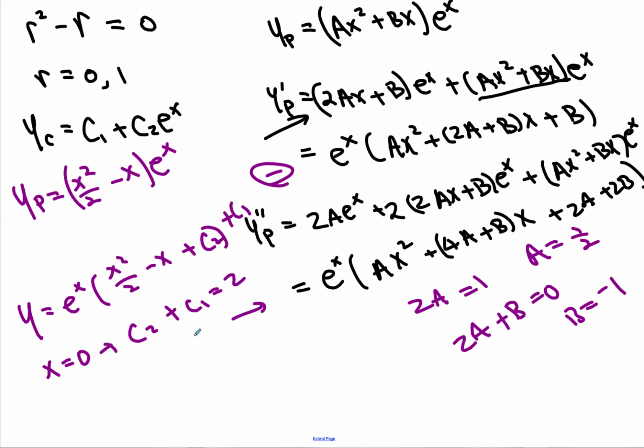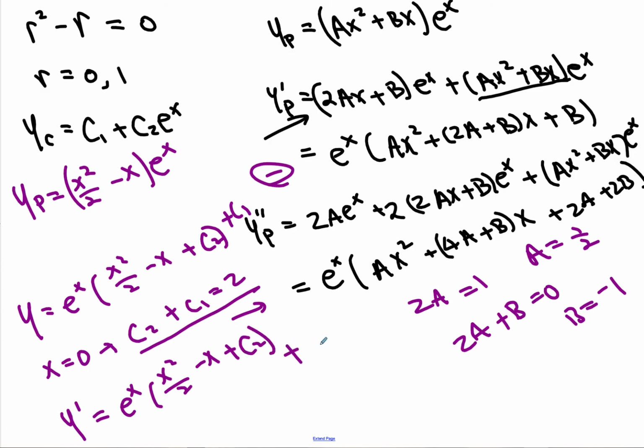That's the one equation. Now when I take the derivative, c sub 1 disappears, of course. So we have e to the x times x squared over 2 minus x plus c sub 2, and then plus e to the x times, well, it simply becomes x here, minus 1.